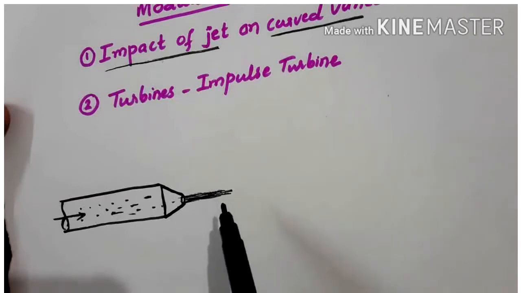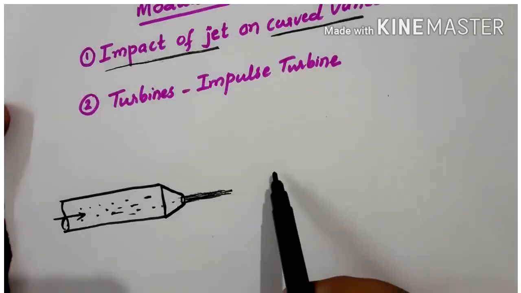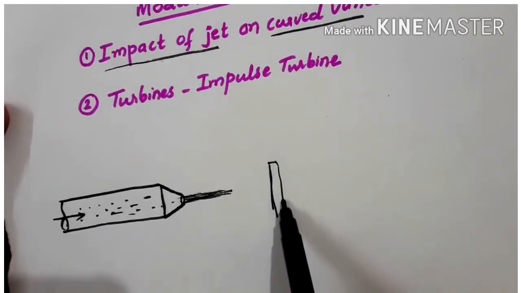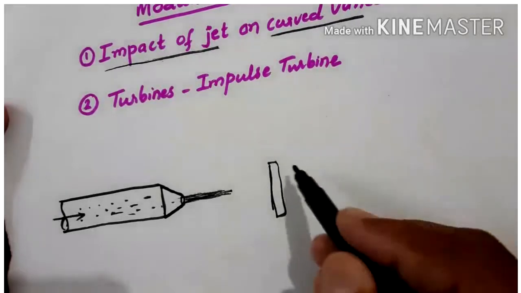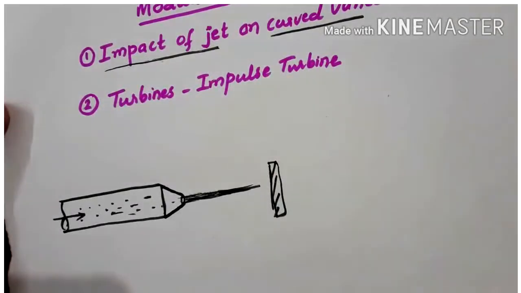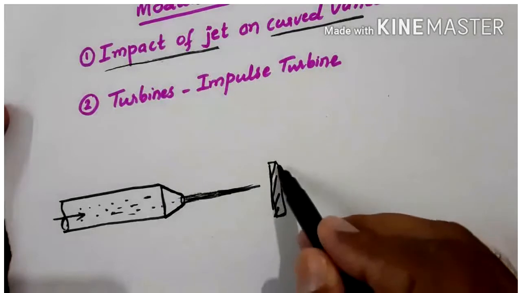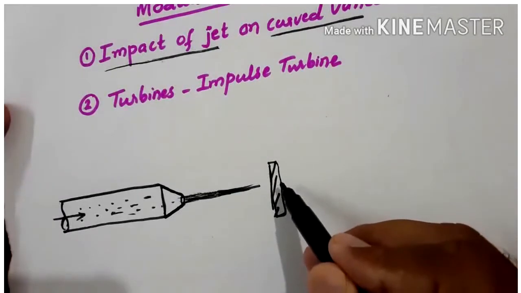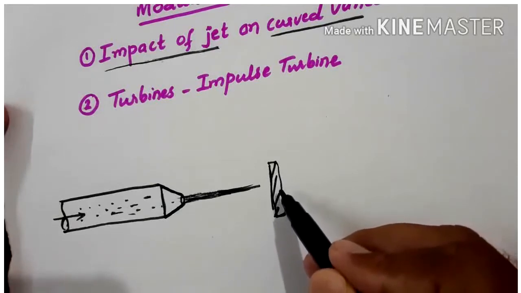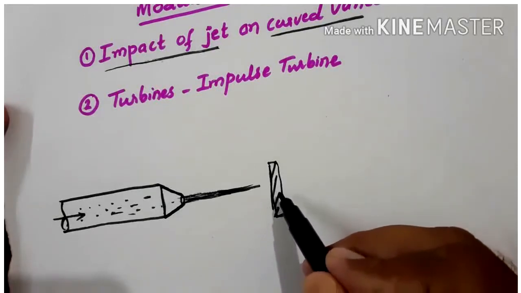And suppose a plate like this, a plate or a vane, it is also called a vane, is placed in the path of the liquid jet.